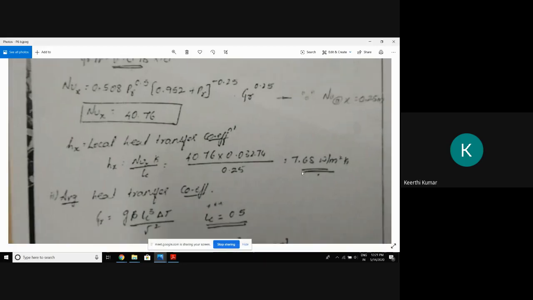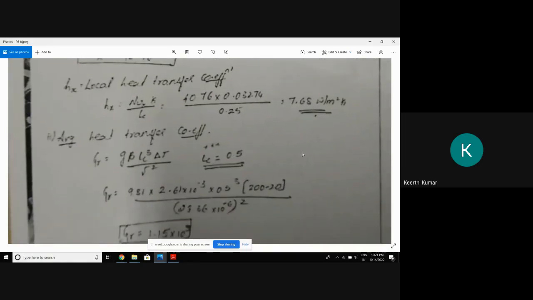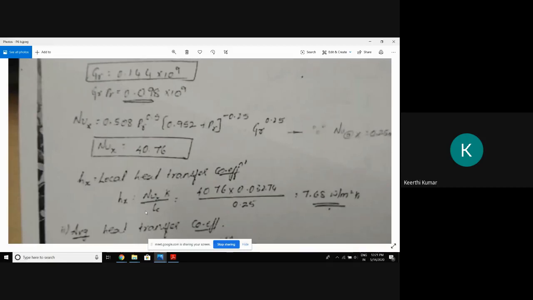Once you get this, he is asking you to find the average. So how do we find the average? This is the local value. Can you tell what we did in forced convection for the average for the plate? If it is laminar, just multiply by 2, correct?